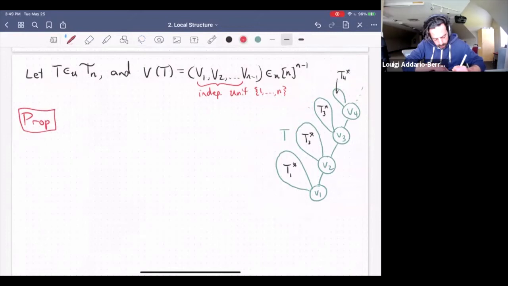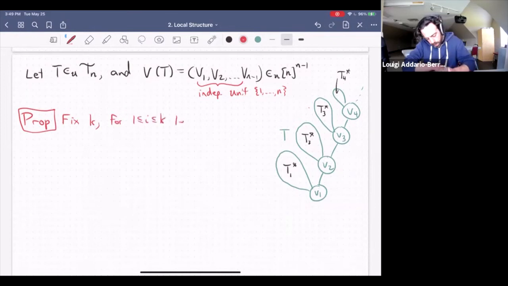So I'm going to fix some integer k, and then for i from 1 to k, I'll let Ti star be the subtree, so T_{V_i} minus T_{V_{i+1}}, up arrow.